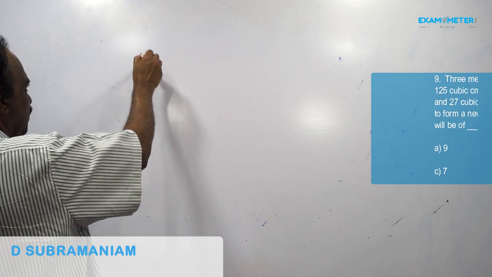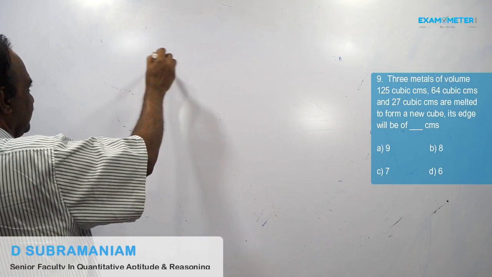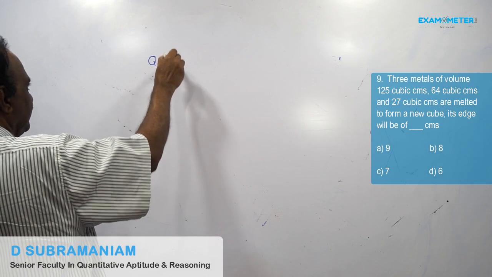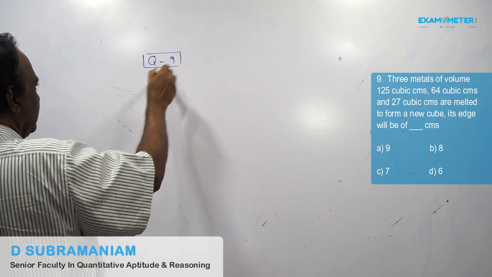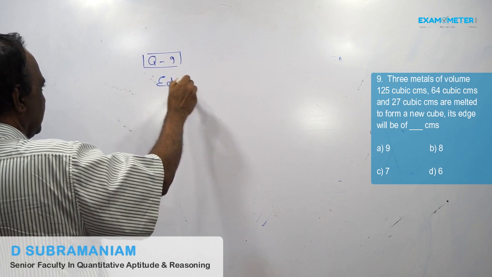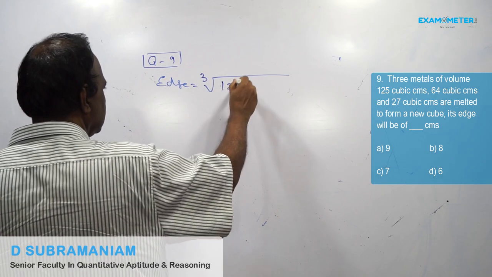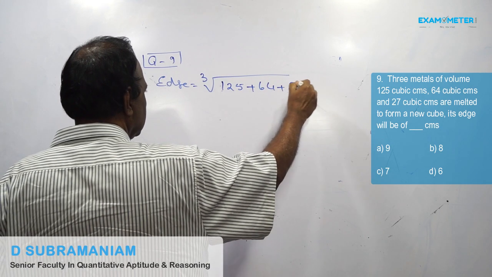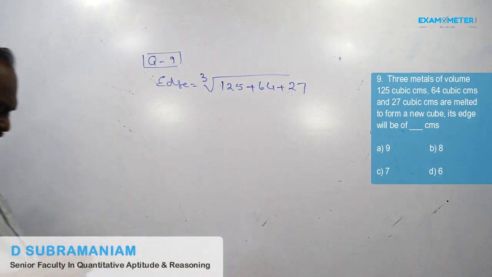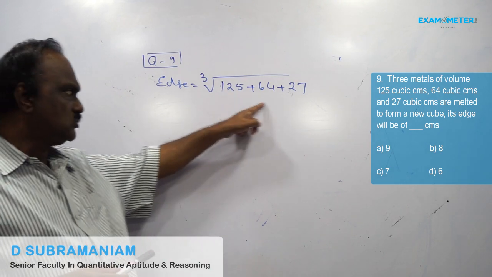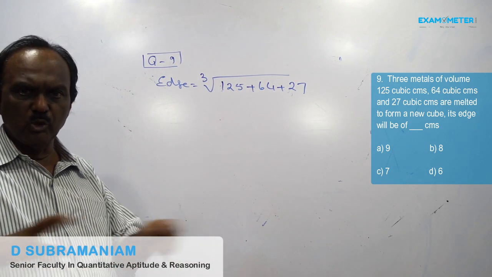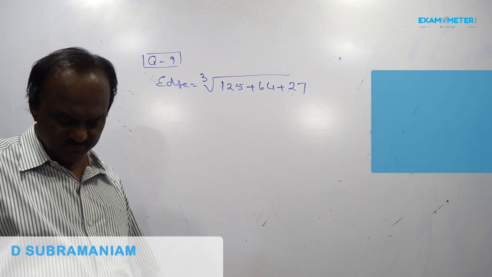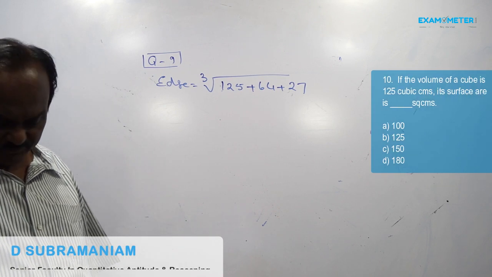Edge of the new cube is equal to, this total is 216. Cube root of 216 is 6. So answer is 6.